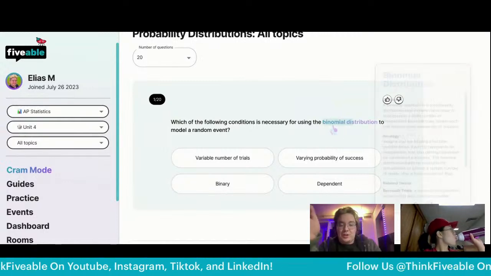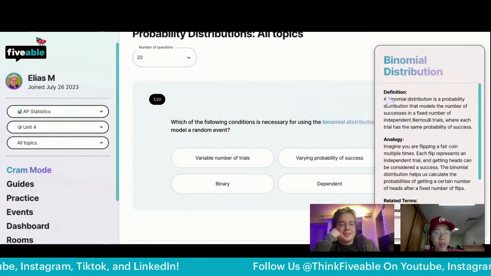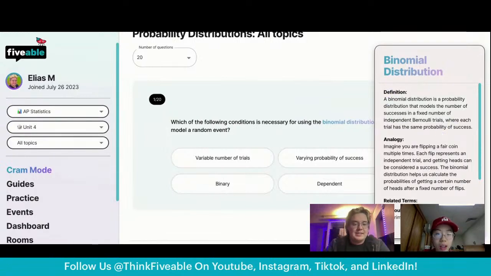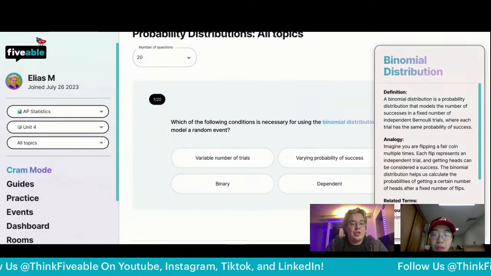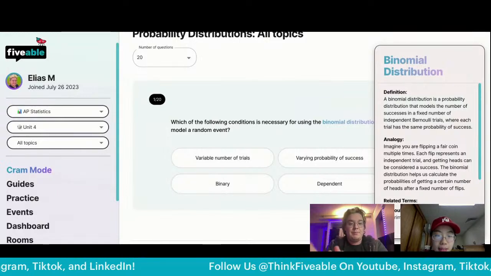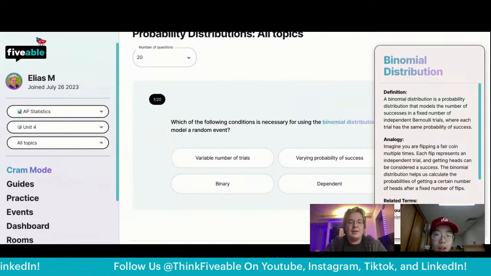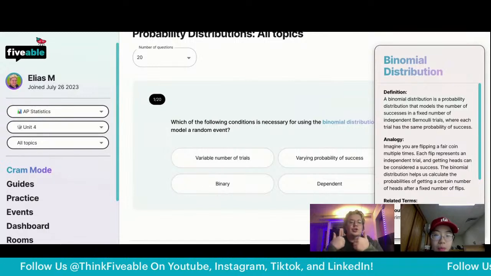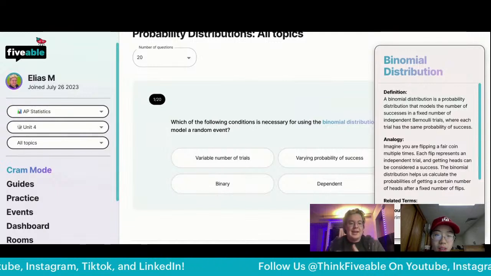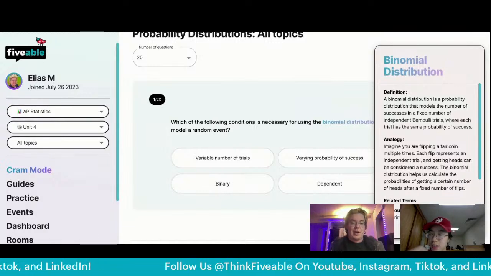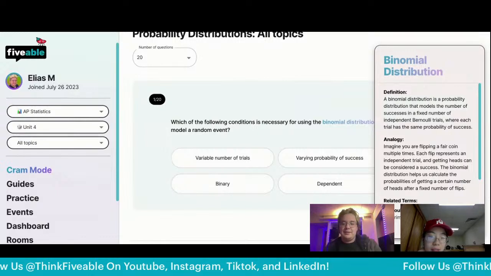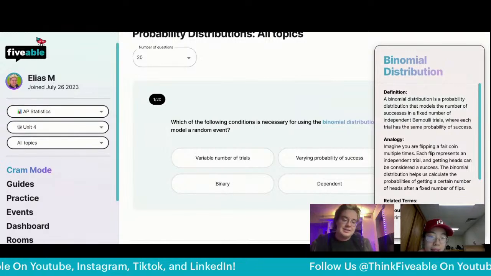So, just for context for anyone watching, summarizing the definition over there, binomial distribution is basically a probability distribution that models the number of good outcomes, as in what is being looked for, the success, in a number of independent trials, in which each trial has the same probability of said success occurring.